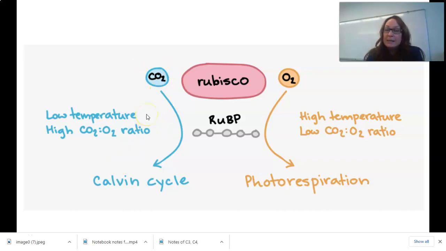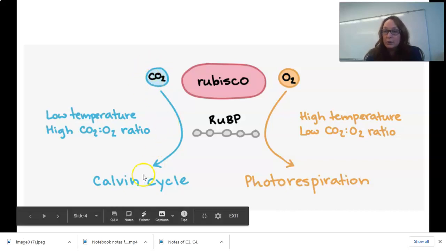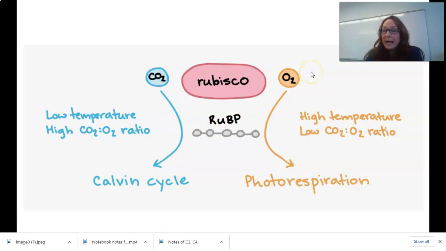And what that means is that the energy from the light reactions that you've placed into ATP and NADPH will be transferred over to a storage sugar that the plant can access at any time. So even when photosynthesis is not going on, it'll have storage energy. Okay, if there's oxygen higher than carbon dioxide, rubisco will add oxygen to RuBP instead.